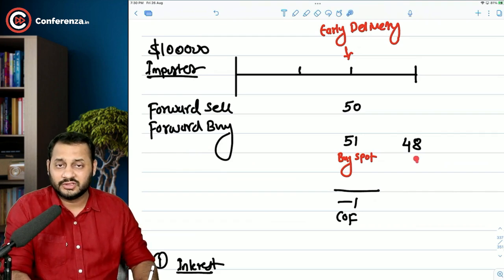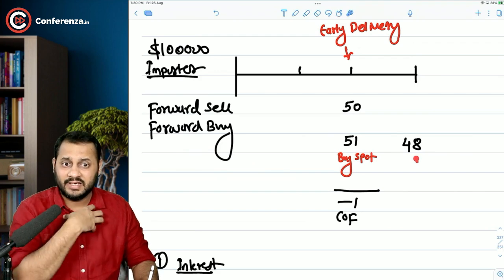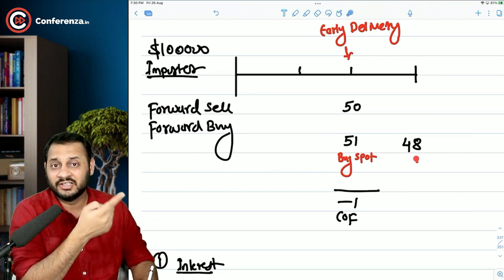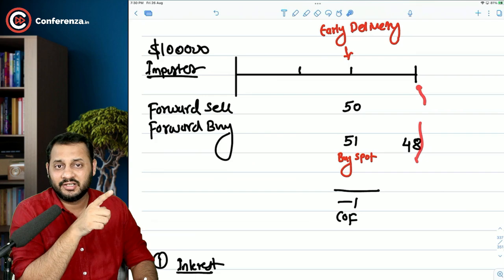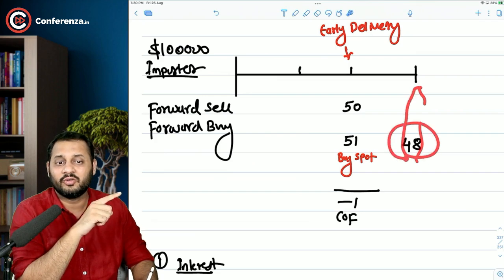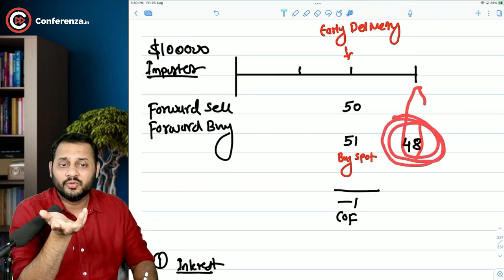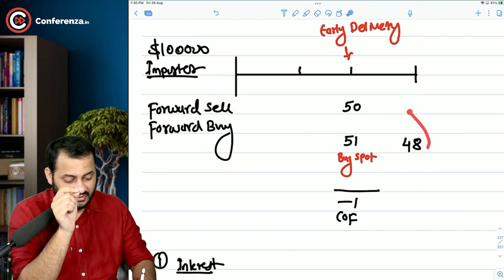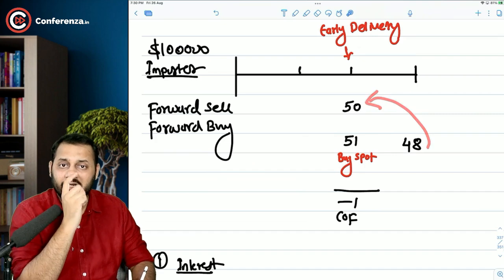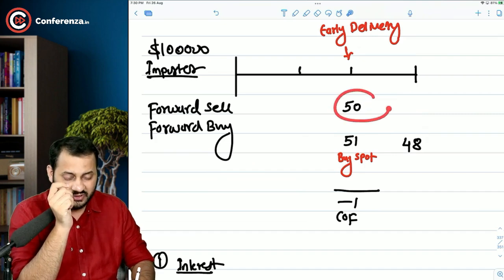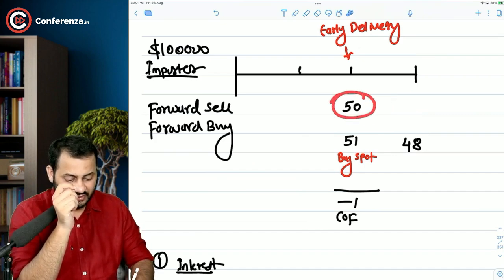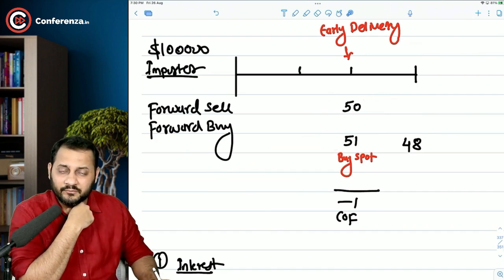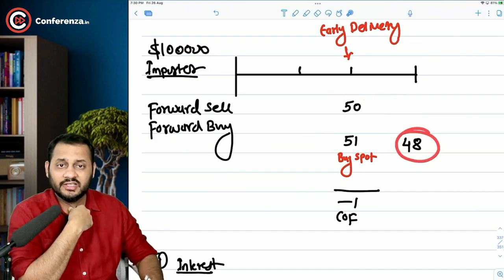Now just imagine, the bank has a contract with the other bank that on this date I'm going to buy the dollar from that other bank. What am I going to do with these dollars, because I was prepared to settle these dollars with this party, but now I have settled this contract with the spot buy. So what am I going to do with this?